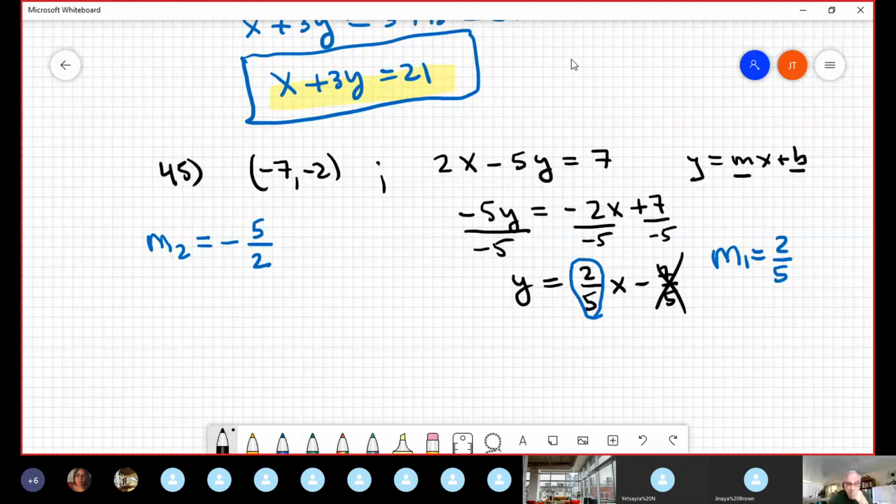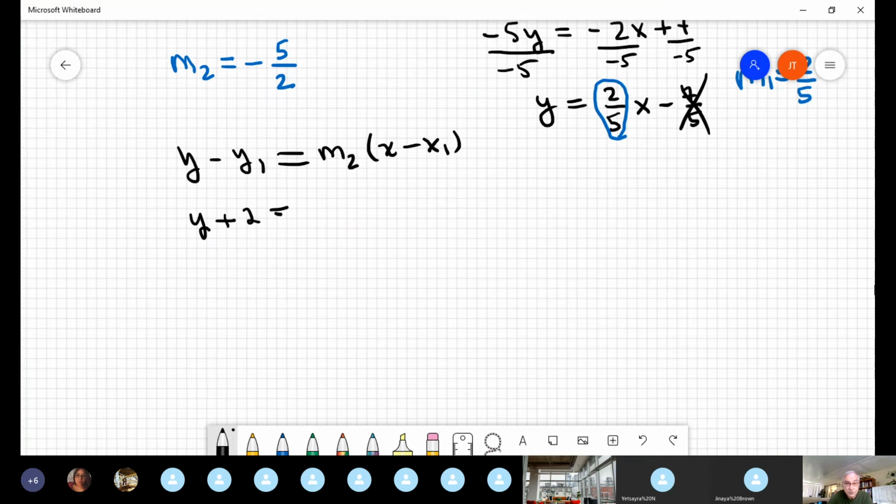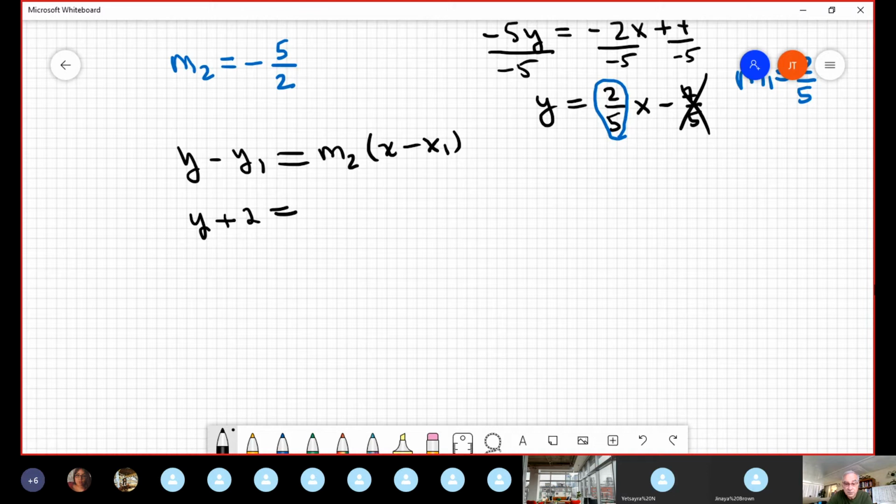Now finally, the formula. Y minus, the point is -7, no? No, -2. Plus 2. Slope is negative 5 over 2.